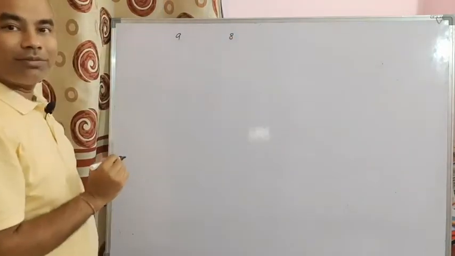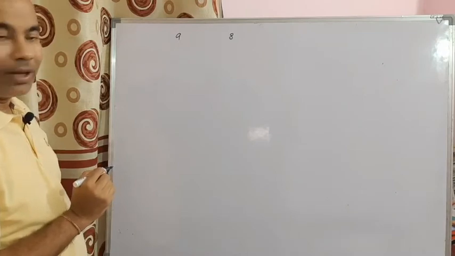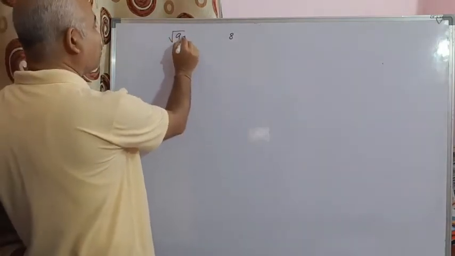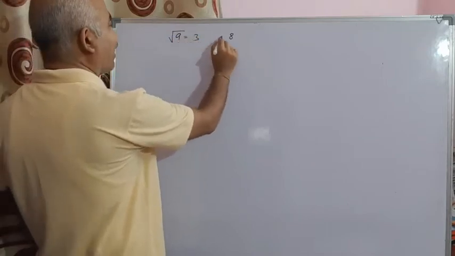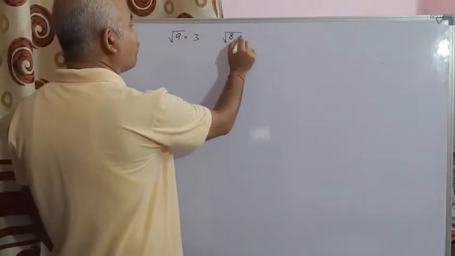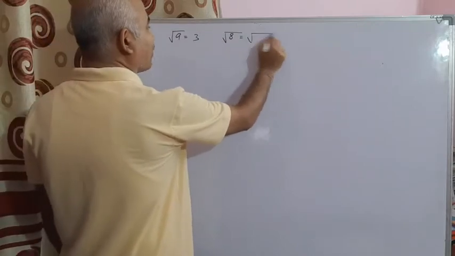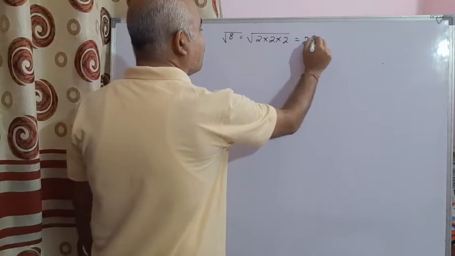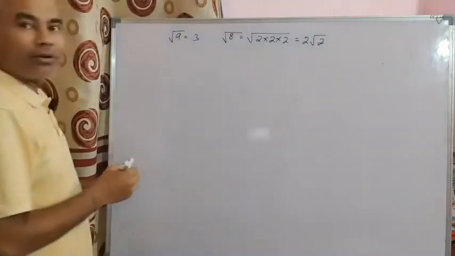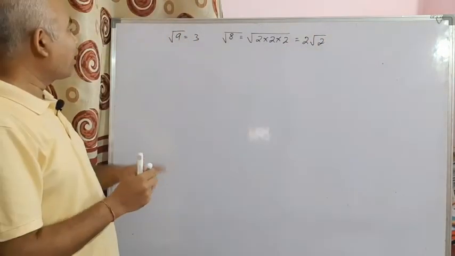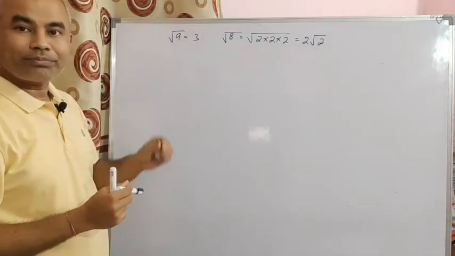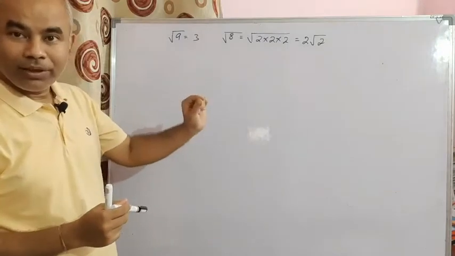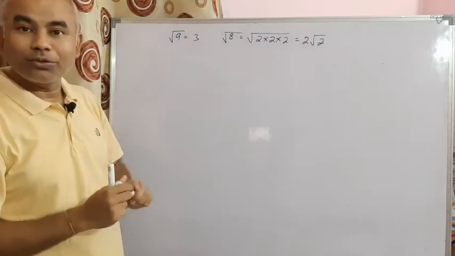Whenever I find the square root of 9, my answer is 3, and the square root of 8, if I do prime factorization, it will be clear to you, is 2 root over 2. So I have taken two consecutive natural numbers 9 and 8, and their square roots are 3 and 2 root over 2.